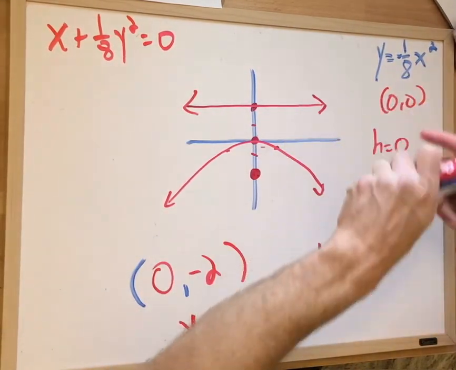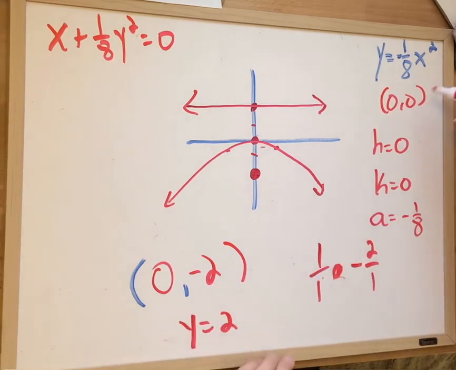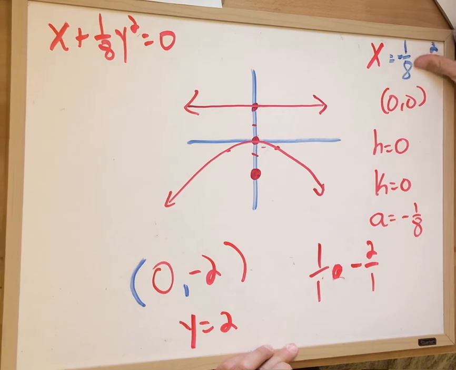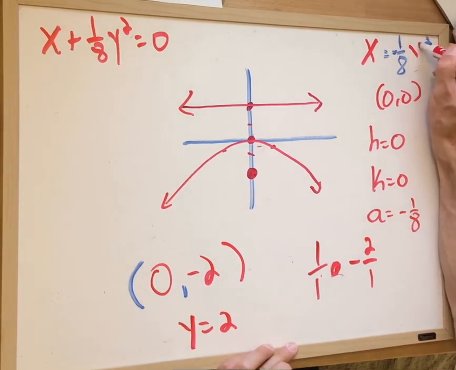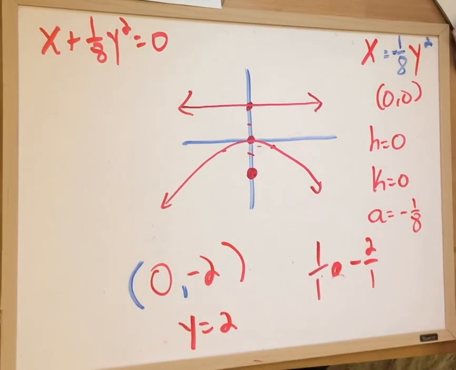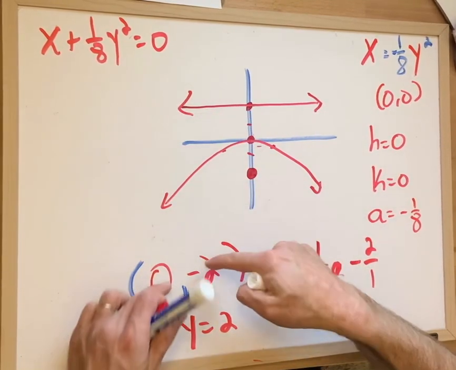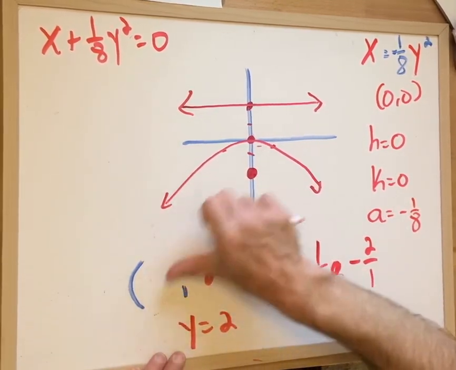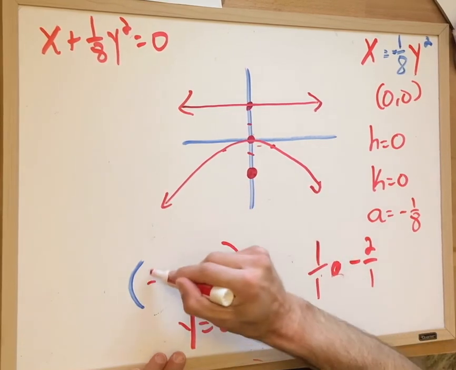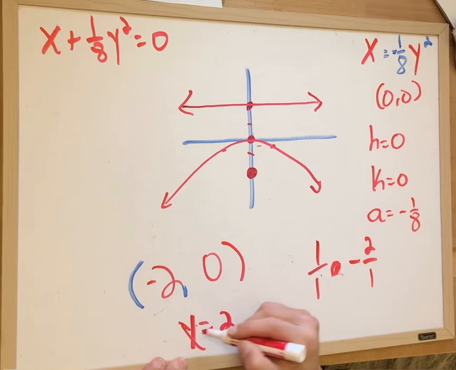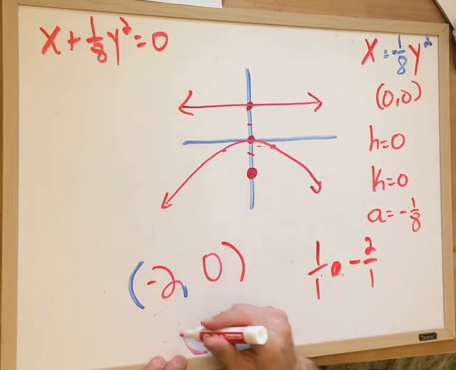I'm going to reflip everything now. Because my equation that I would graph is technically x equals negative 1/8 y squared. So this graph has these two flipped. This is going to be negative 2, 0. And instead of my y line, it's going to be an x line.